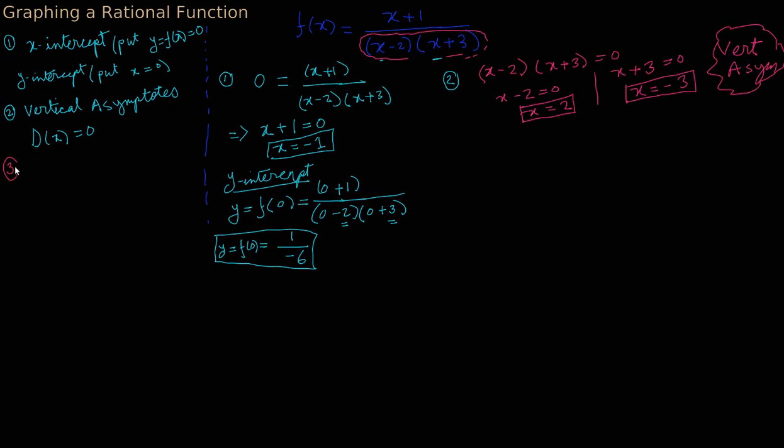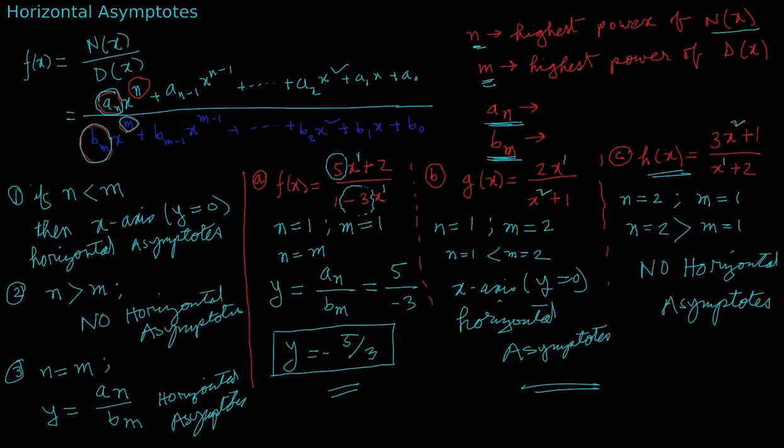Now let's look at step number 3, which is to find the horizontal asymptote. I want to remind you about the horizontal asymptote from my previous video.